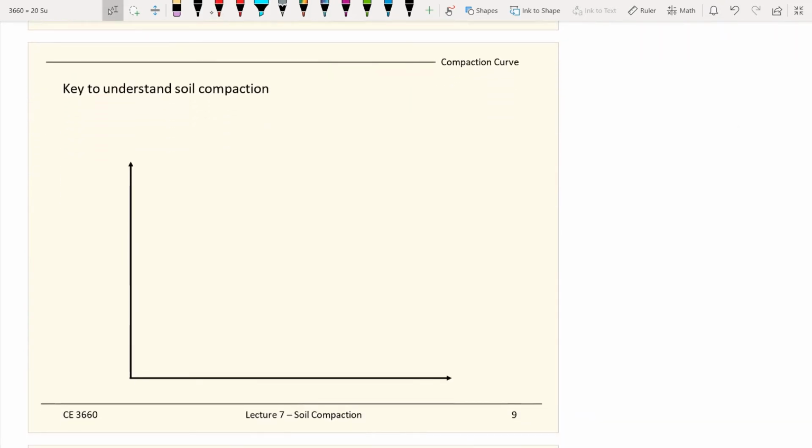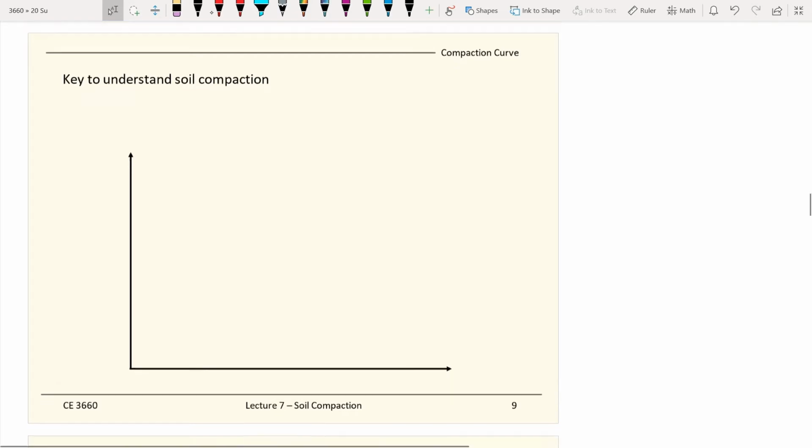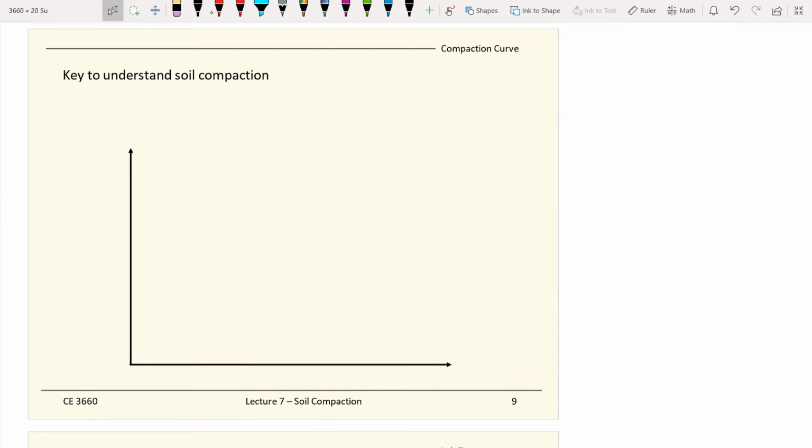After those compaction tests, we will have enough data to prepare the compaction curve, which is the most important part of this lecture, understanding the compaction curve.